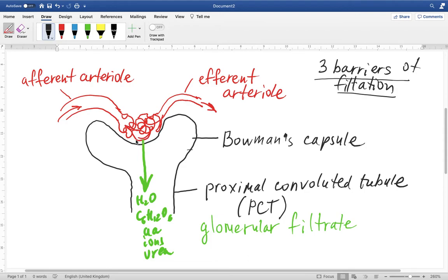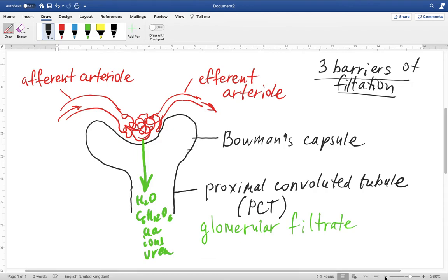You have to imagine that that's a blood vessel, but that blood vessel has walls, and those walls are going to be stopping any big stuff from getting through. So that's the first barrier. And then the second barrier is that black line, isn't it? That's the wall, if you like, of Bowman's capsule itself. So that gives you 2 barriers of filtration.